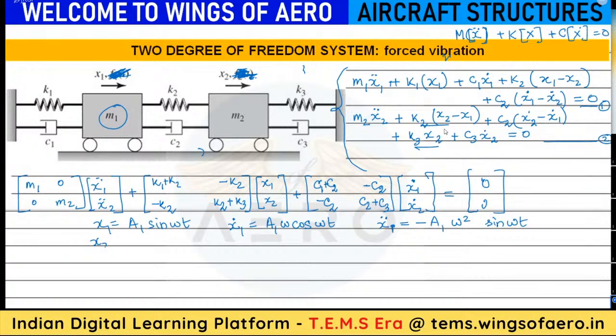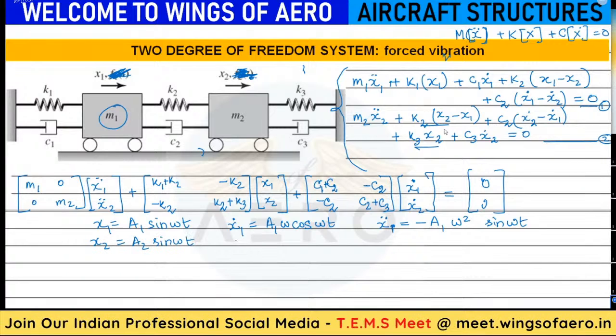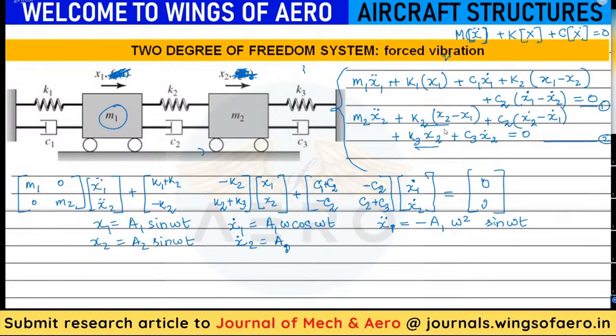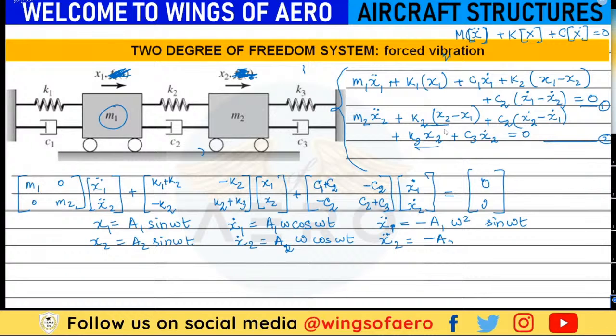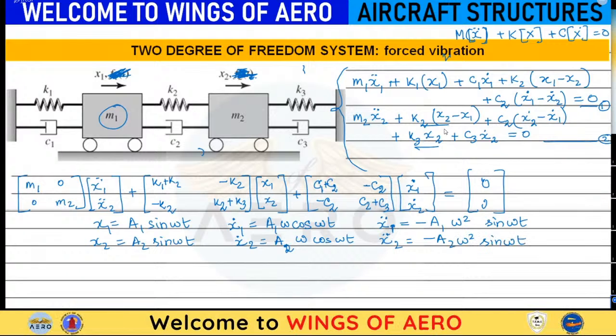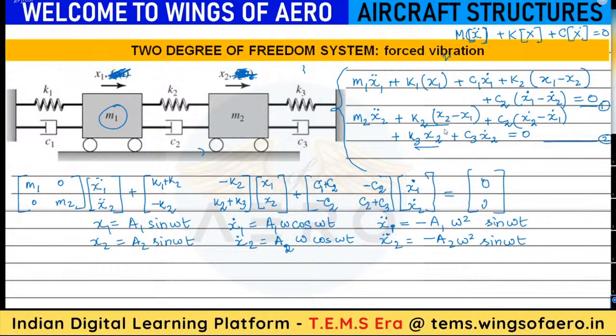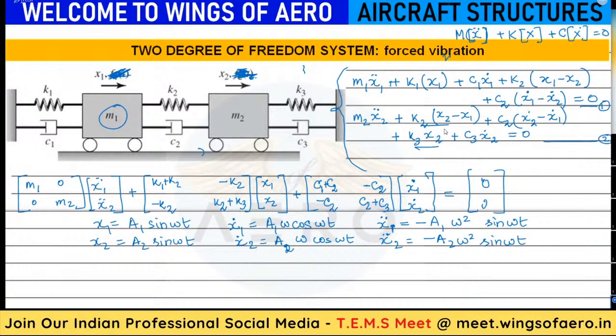Similarly for x2, x2 dot and x2 double dot. You need to substitute, and whatever the question asks in the given data, you just need to find out.